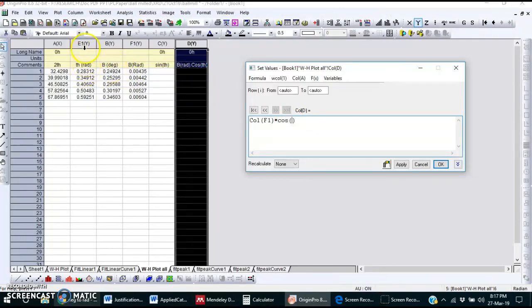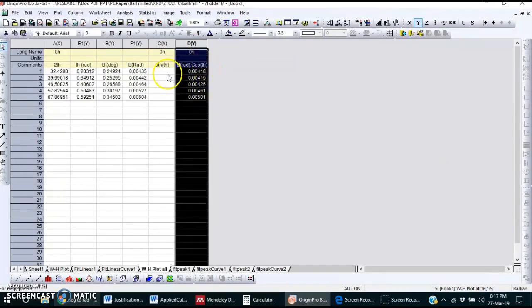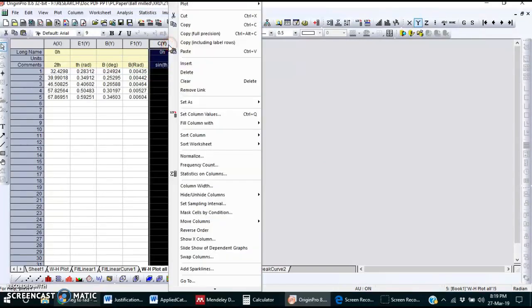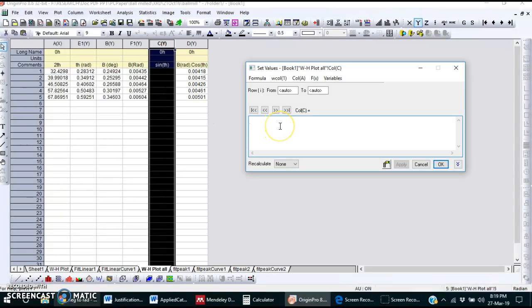Theta in radian is column E1. So apply. Now this is the value of beta cos theta. Similarly, sin theta: set column values, sin, and theta in radian is column E1. So it will give us sin theta.